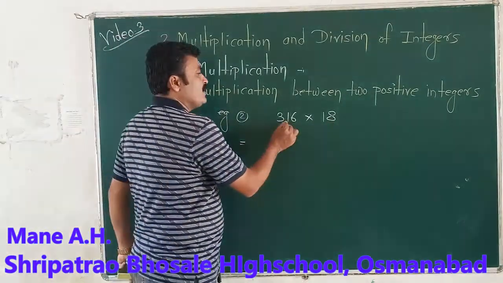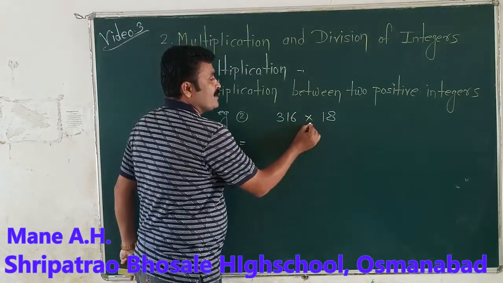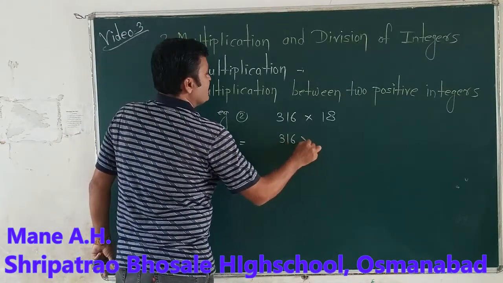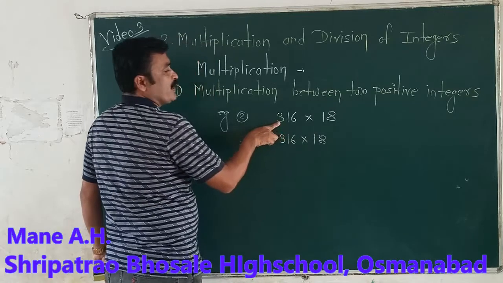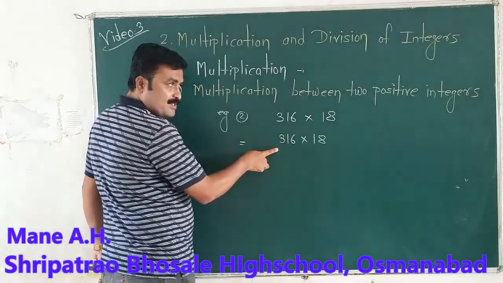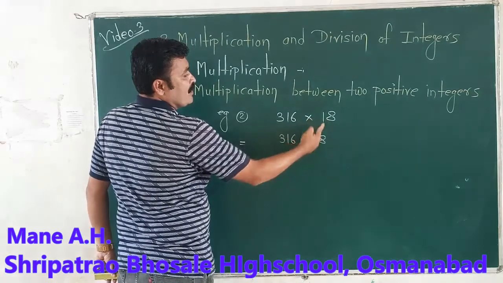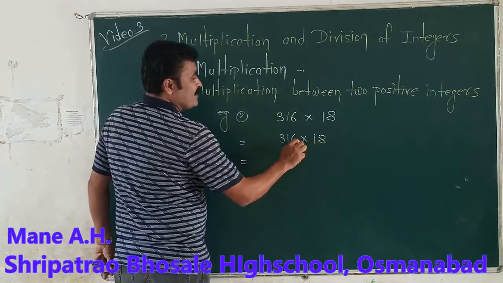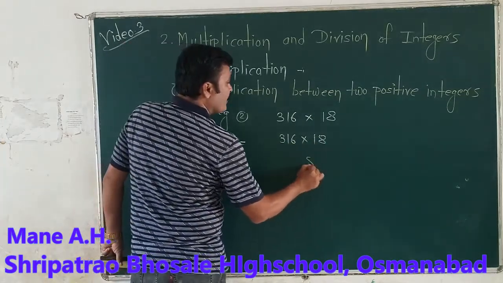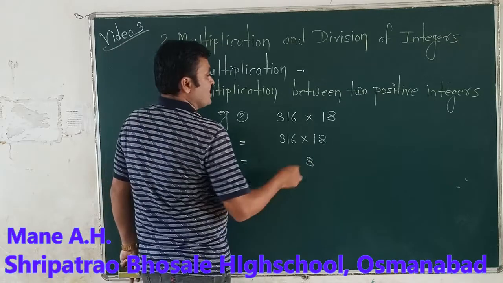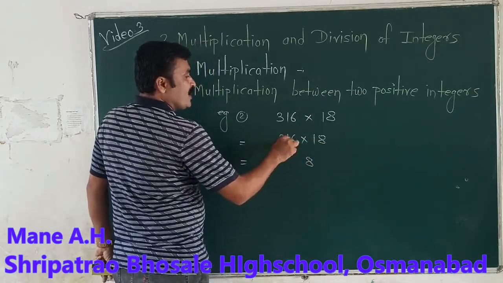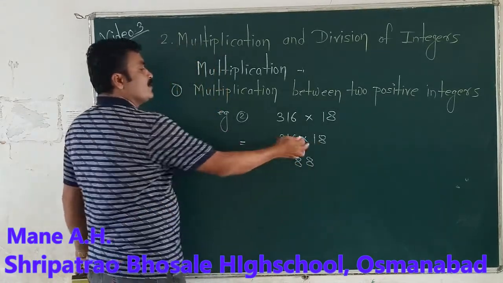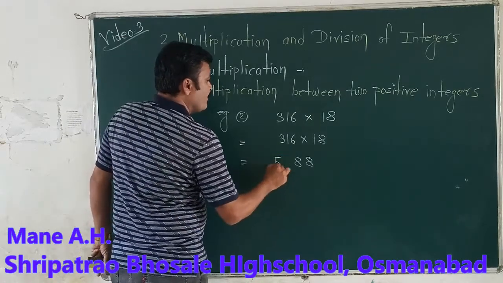Now the sign between these two positive integers is of multiplication. So if we take the product of their magnitudes, the magnitude of plus 316 is simply 316 and the magnitude of plus 18 is simply 18. So let's take the product of these two magnitudes. 18 6s are 108. Thereafter, 18 1s are 18, 18 plus 10 is 28, 2 carry, 18 3s are 54 plus 2, 56.